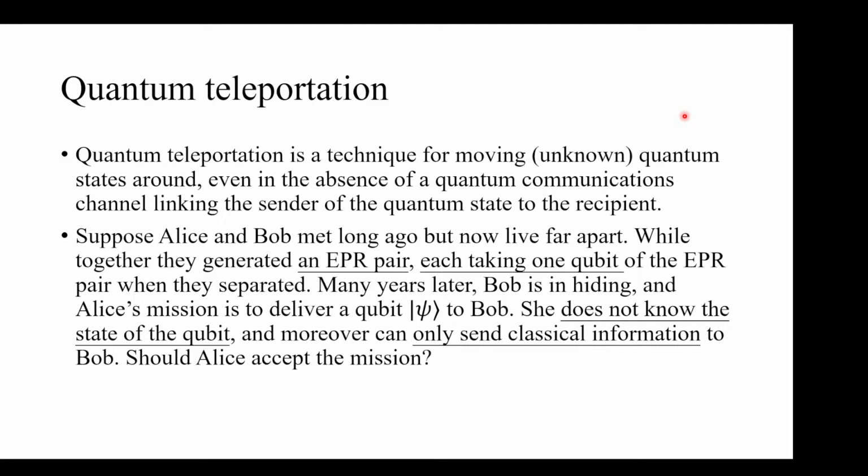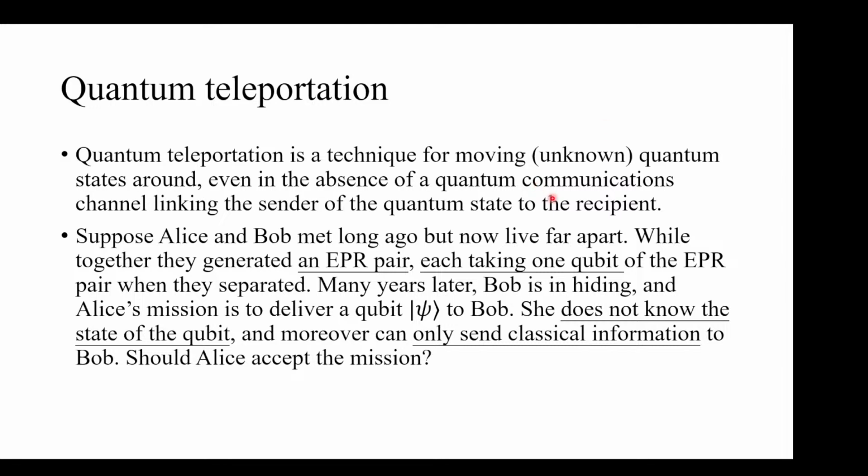Okay, so Alice and Bob are far away from each other, and they only have classical communication, and they want to send a quantum state, and it's even an unknown quantum state.